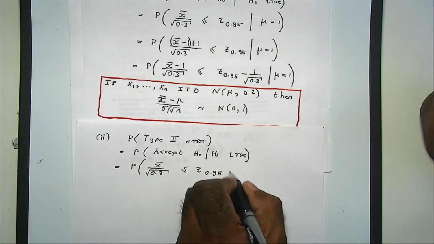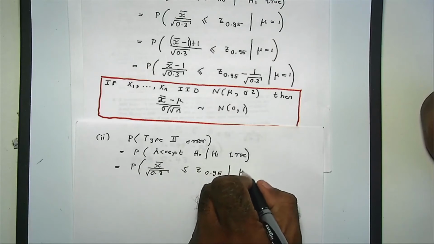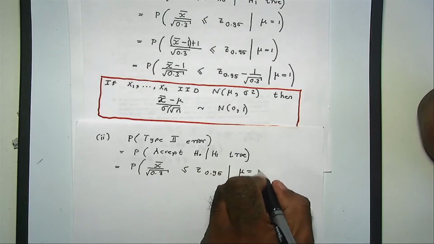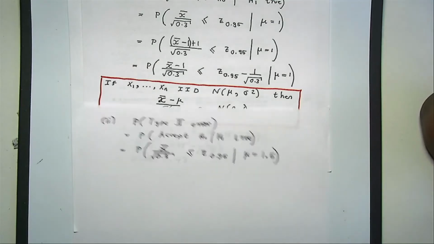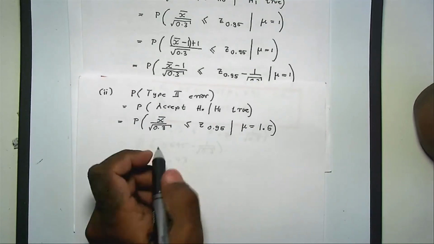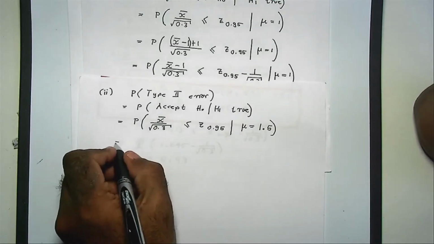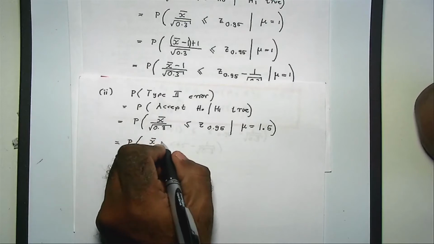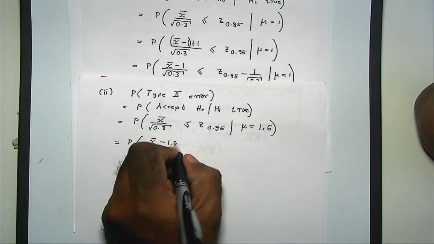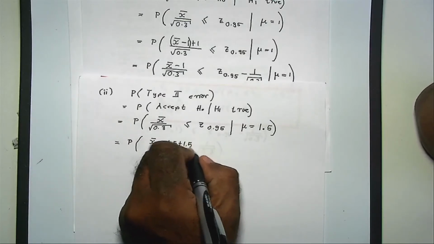Okay, now this time we are conditioning on the fact that the true population mean is 1.5. Okay, so what I'm going to do is slightly different from what I did earlier. So I'm going to subtract 1.5 and add 1.5.